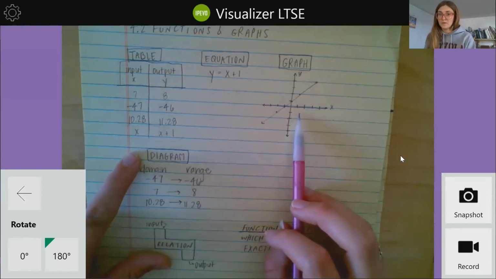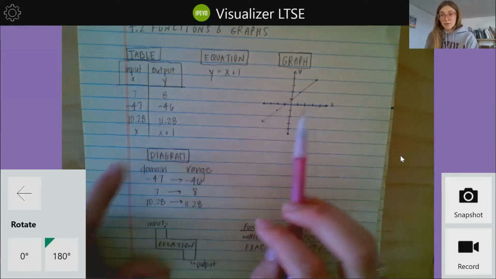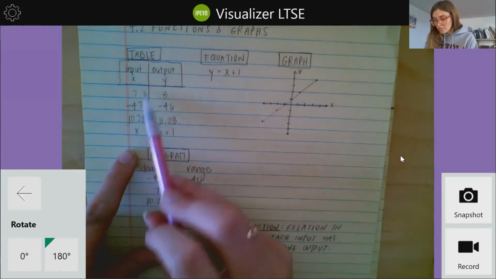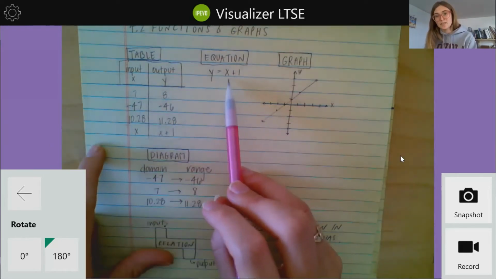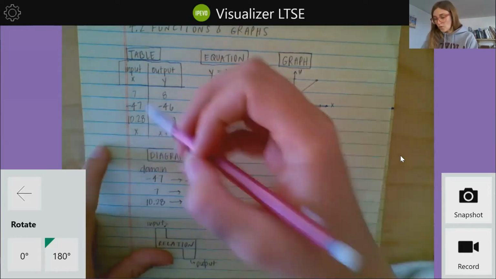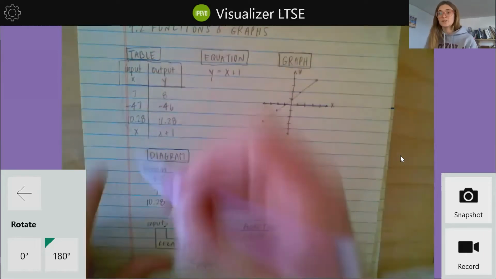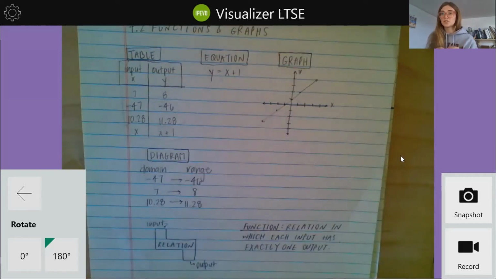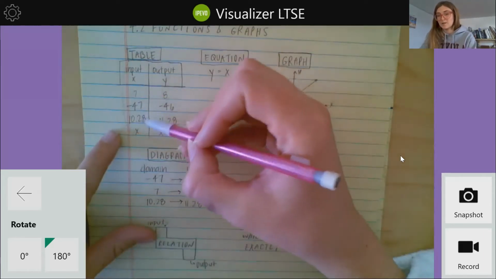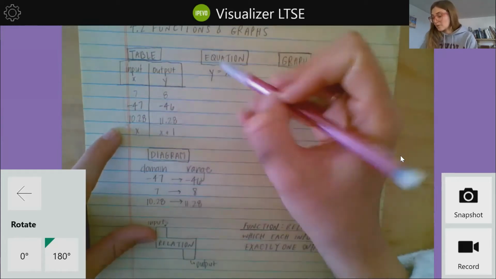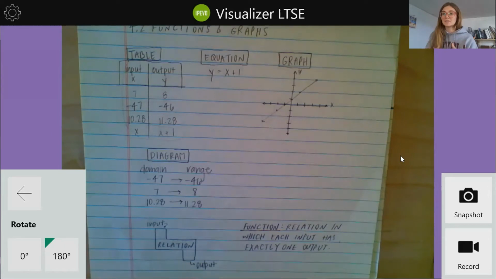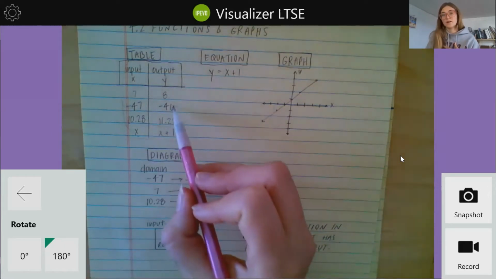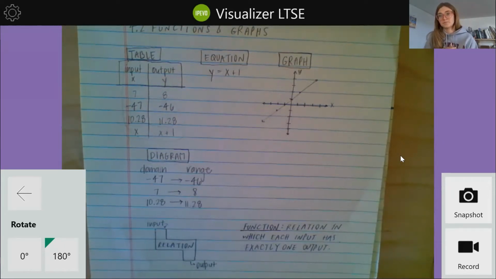Okay? Similarly, each grouping here in the table comes out of this equation. So our x, our input, is our independent variable. That's where we start. So I choose any of these numbers, and then I can plug it into my equation, and what I would get as my output would be over here in this second column.